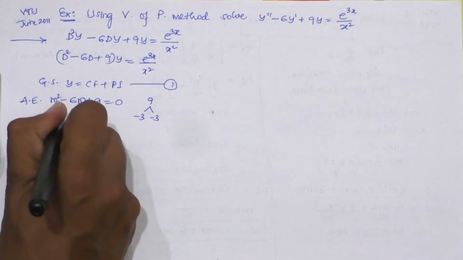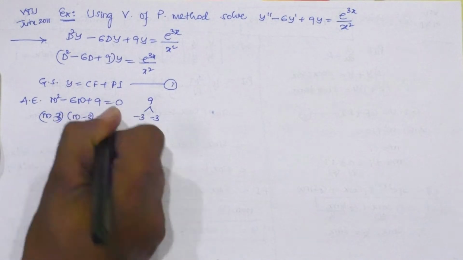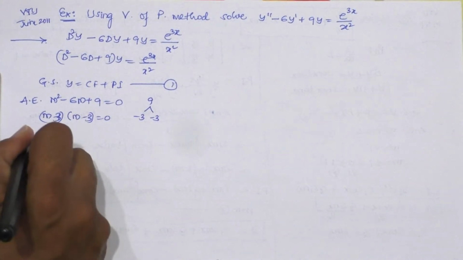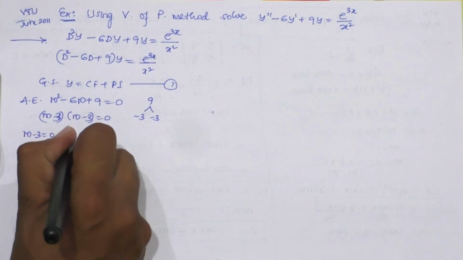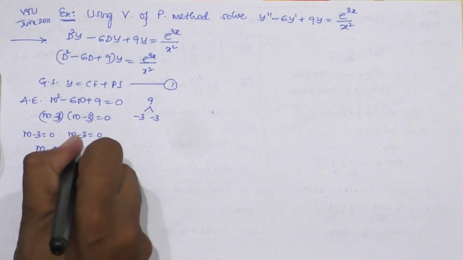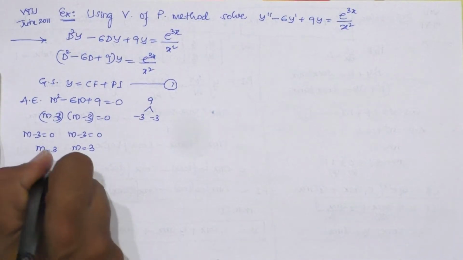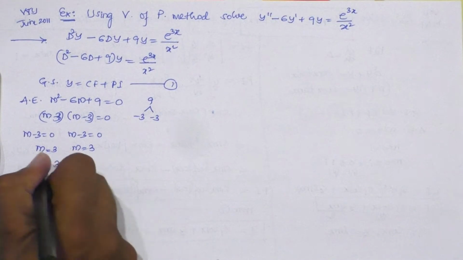So it can be factorized as m minus 3 into m minus 3 equal to 0. Product 0 means m minus 3 is 0, m minus 3 is 0. So m equal to 3, m equal to 3. We got two roots, m value 3 comma 3.